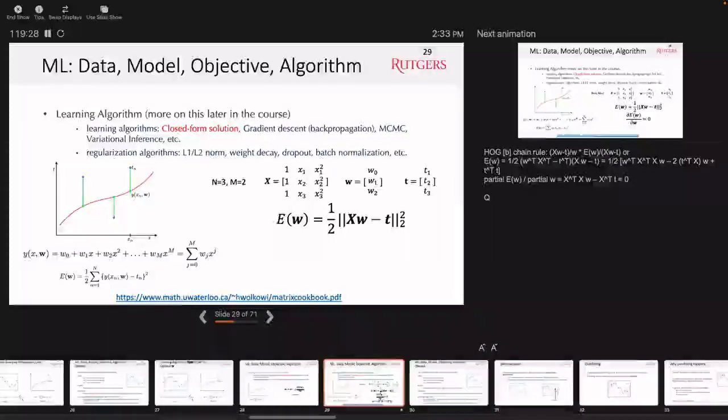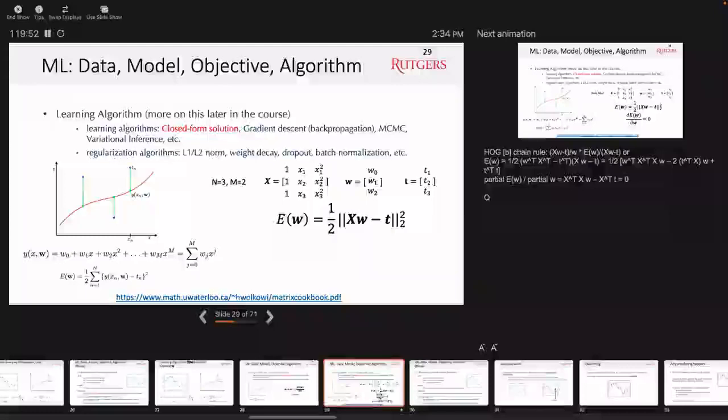And to do this, if you look at this equation and look at this objective function, we have all the xn and we have all the tn's, right? And what we're trying to do is to find the optimal W, boldface W, such that this objective function can be minimized.